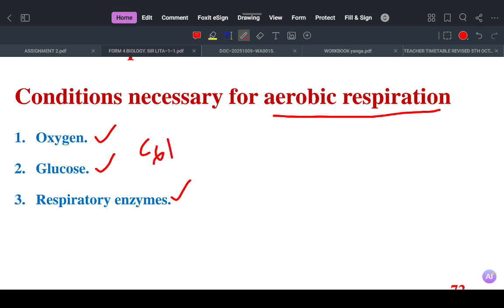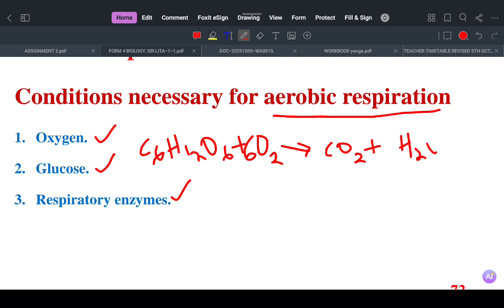So C6H12O6 must be present, that's glucose, and the oxygen gas must be present also, and so the process will proceed to produce carbon dioxide, CO2, water, H2O, and don't forget to put coefficient 6, 6, 6 and the energy.